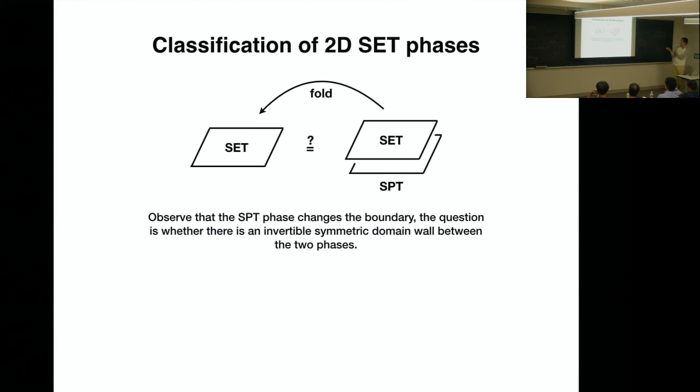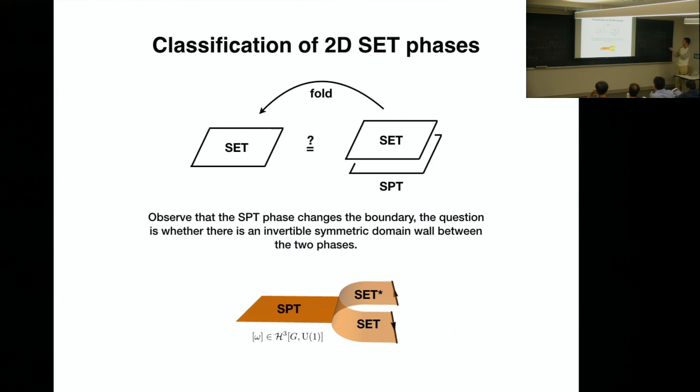So if you stack SPT on top of an SET phase, and we ask whether this is actually a new distinct phase or not, well, since SPT really just changes the boundary physics, this boils down to the question whether there's an invertible symmetric interface between this SET and this SET with one additional layer of SPT. Okay, but then you can fold this whole thing, fold the SET over to the other side, conjugate this layer, and then you get this picture. So basically, these are the same questions.